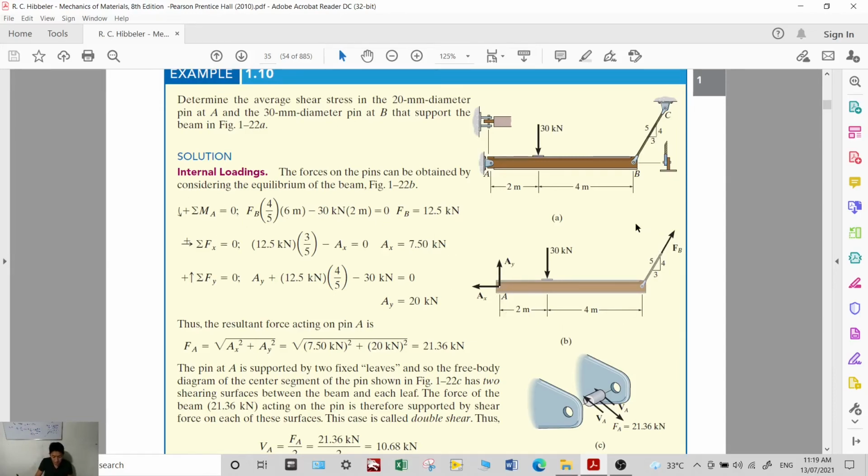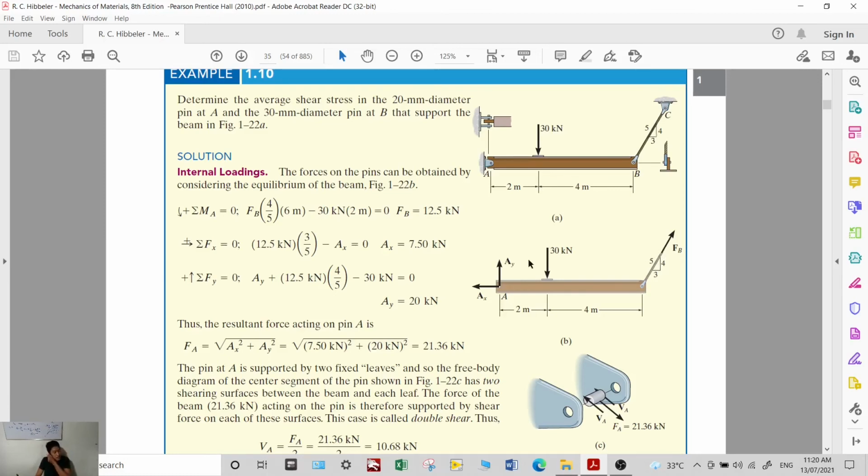So you have FB, but the components of FB are horizontal and vertical. The horizontal is 0 since it has no moment arm, as it is along A. So only the vertical component: FB times 4 over 5 times the moment arm 6, minus, clockwise, 30 times 2 is equal to 0. Therefore, the force at B is just equal to 12.5 kilonewton.